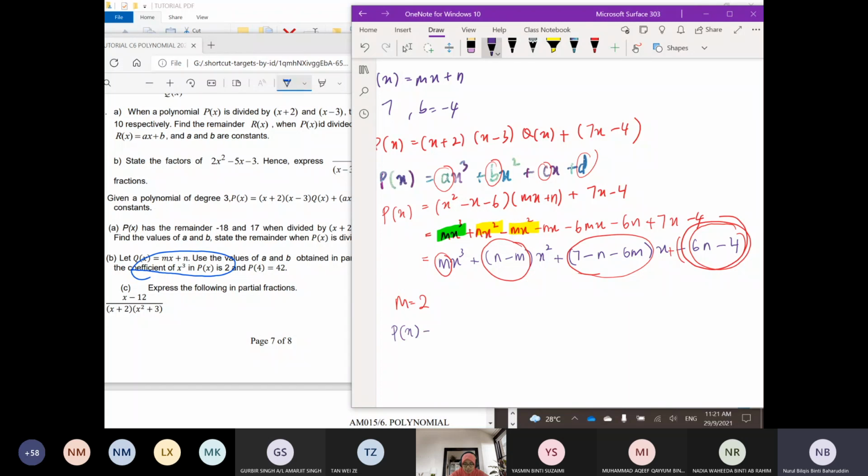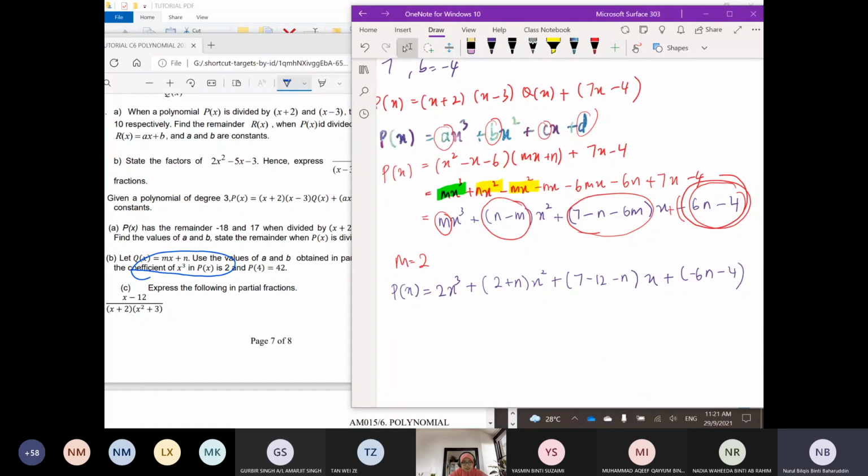And you will get P(x) equals to 2x cubed plus 2 plus n x squared plus 7 minus 12 minus n x plus negative 6n minus 4. 2 plus n or negative 2 plus n?